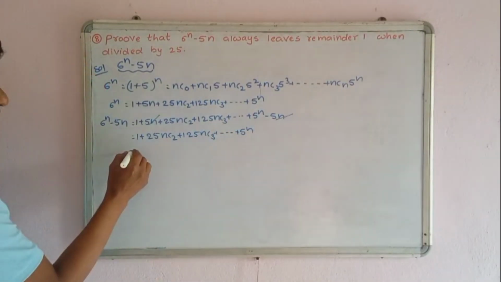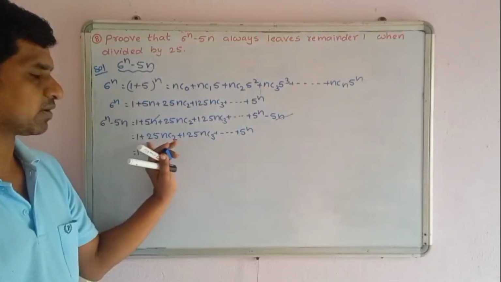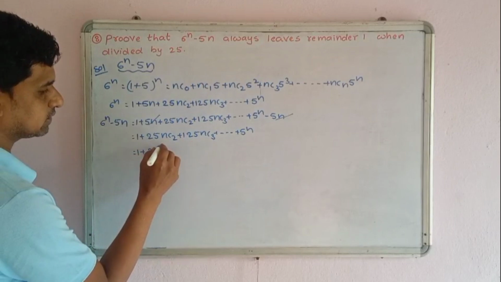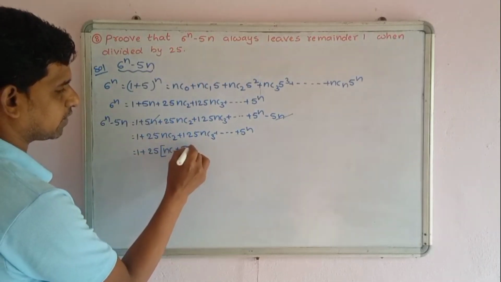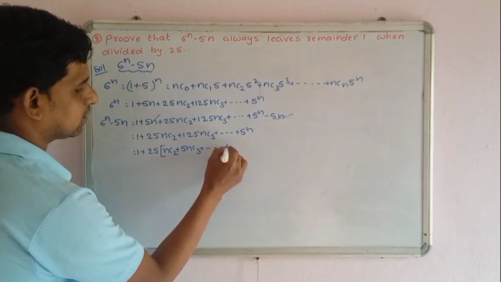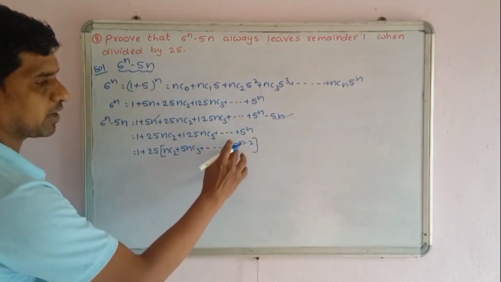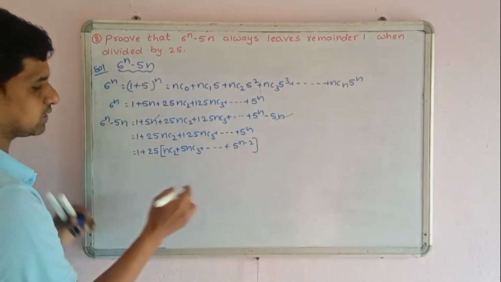Now 1 plus 25 nC2 plus 125 nC3 plus so on. From the next term onwards, after 1, 25 is the common term. 25 is common: nC2, then 5 into nC3, plus so on, up to 5 power n minus 2, since 5 power n by 5 power 2, 5 power 2 value 25, 25 get cancelled.